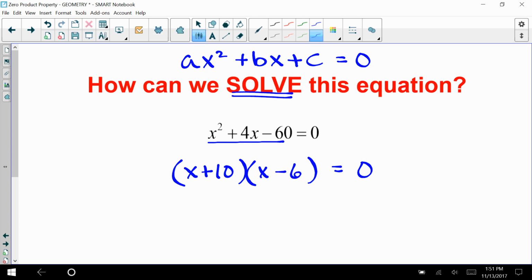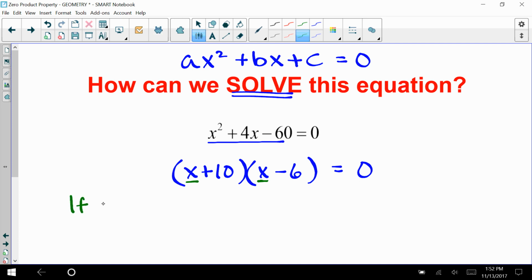So I want you to think about what number for x, what could x equal in order for this entire equation to equal 0? What could x equal over here to make this entire equation equal to 0? Pause and think about it.